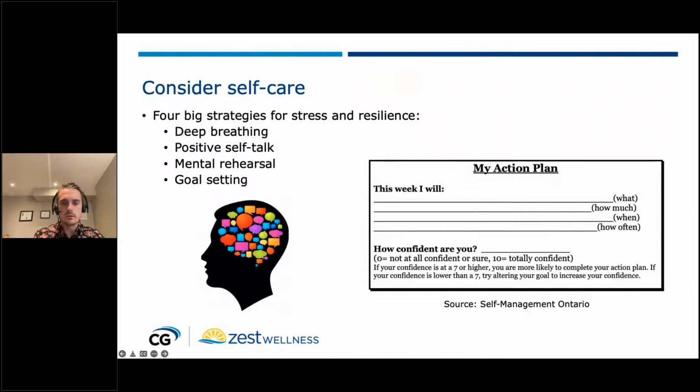Even with this one, you can see with your action plan here, when you're creating goal setting and you're considering self-care, even ask yourself, how confident are you from 0 to 10? So for a full action plan, let's say for myself, it might be, okay, what do I want to do? I would like to become more physically active, exercise, which is a little bit of a sneak peek to what our next slides are going to be.